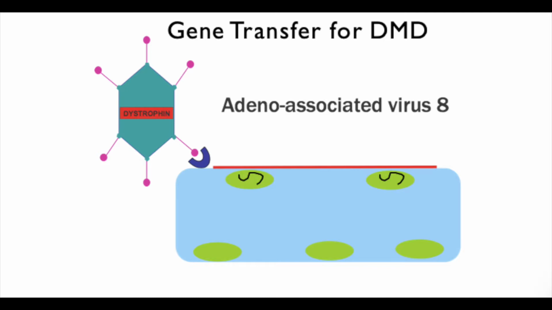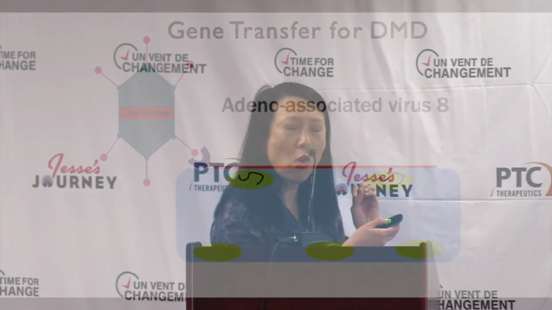So the idea of microdystrophin gene replacement is to use a virus, in this case a virus that has been found to be harmless and basically becomes a carrier because the viral protein has been removed except for the capsule. And then you embed a small but important part of the dystrophin gene, called microdystrophin, shortened.